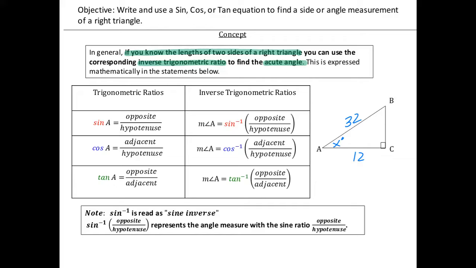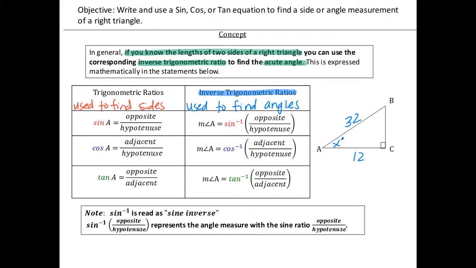And so for the regular trig ratios, sine, cosine, and tangent, these are used to find sides, but the inverse trig ratios, like sine inverse, cosine inverse, tangent inverse, all of those are used to find angles.